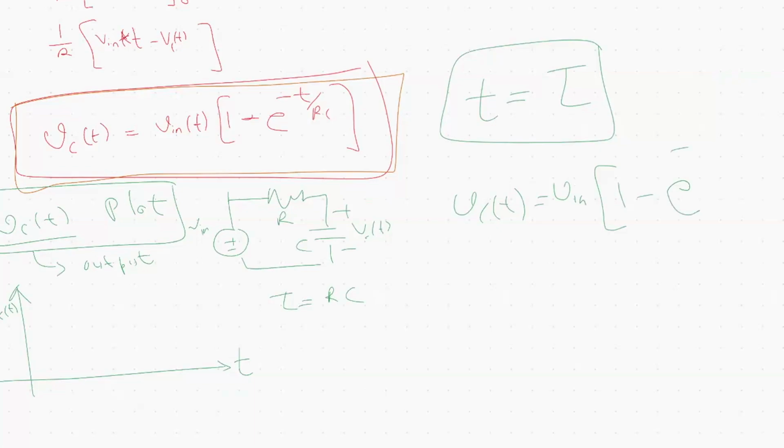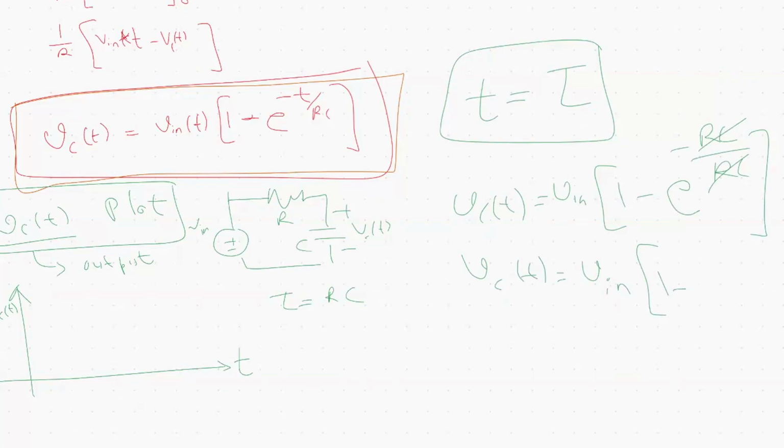What is e to the power minus 1? One over e.